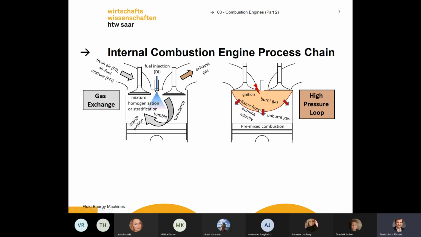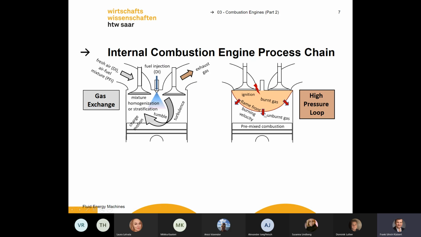The flame front is moving inside the cylinder volume. You have unburned gas, you have burning gas, and you can imagine if the burning process is really good, you get less emissions. But if the design of this process is not really good, you get a lot of unburned gas.